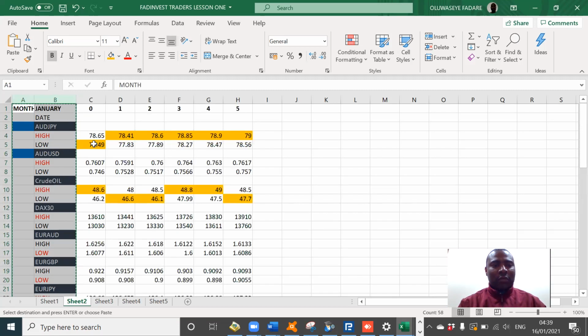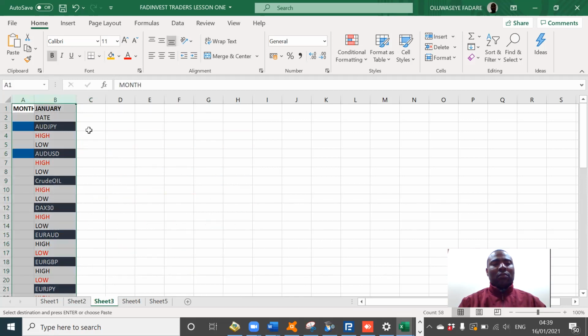For example, we will always copy our first data with the column. So what happens is that for every one that is in yellow, after every yellow at the low, the next yellow we want to see will be on the high. After the high, the next yellow will be on the low. So it's always the first point.